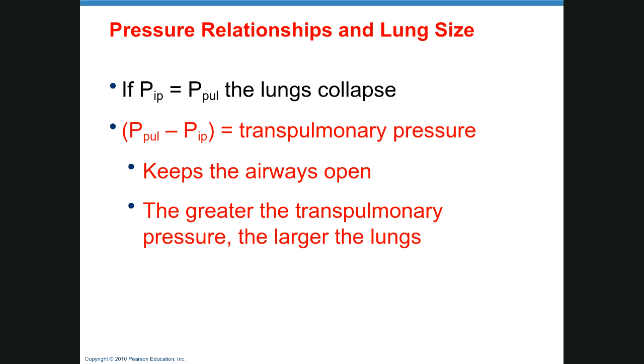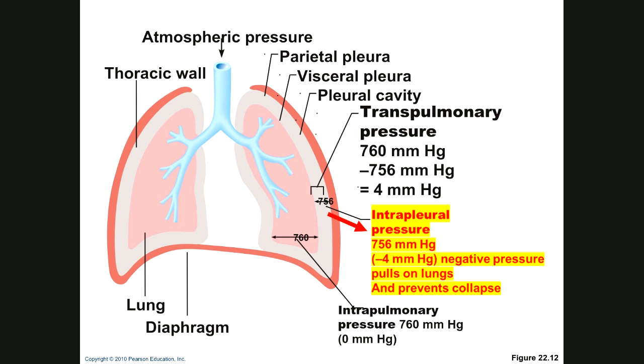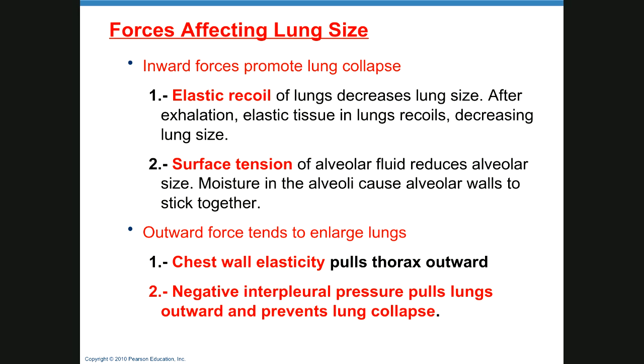Because there is so much elastic tissue in the alveoli, the minute we expand the lungs, it's like a rubber band that has been stretched and now it's going to want to go back to its original shape. So that elastic recoil is tending to collapse the lungs.